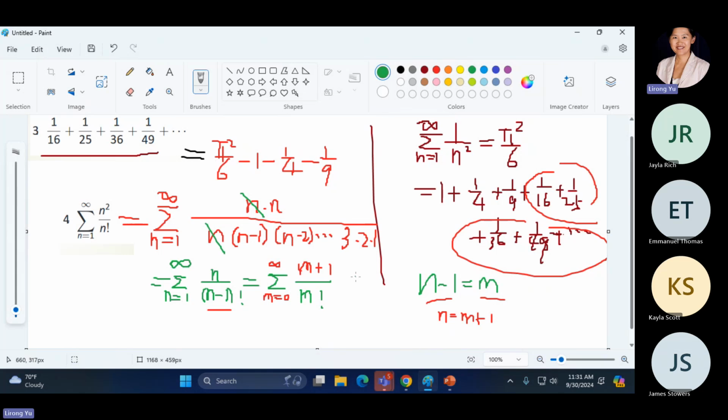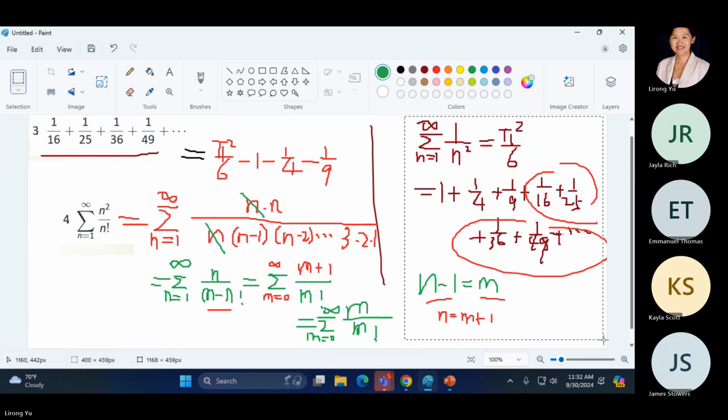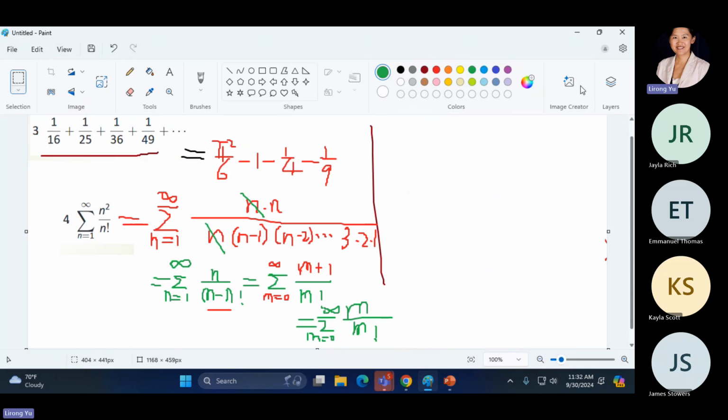So then it becomes the summation of two terms: the summation of m over m factorial, m from 0 to infinity, plus a second one, which is simply the summation of 1 over m factorial, m from 0 to infinity.